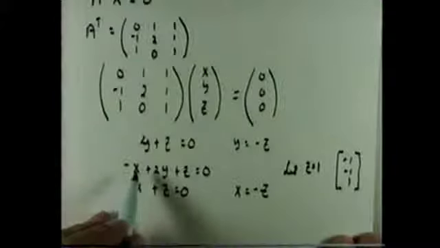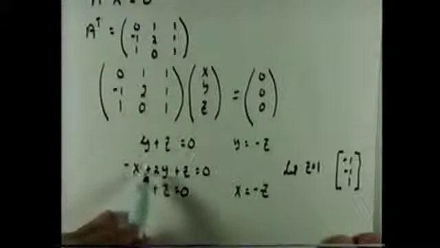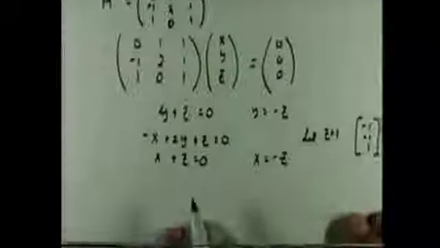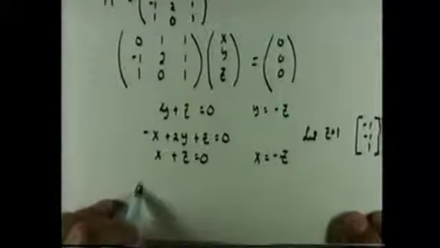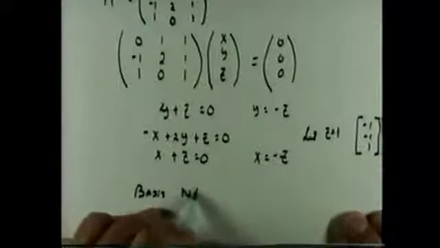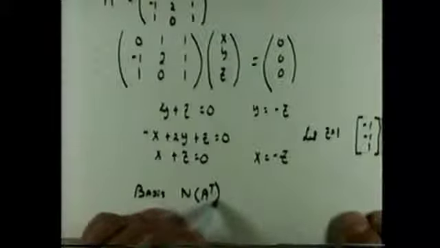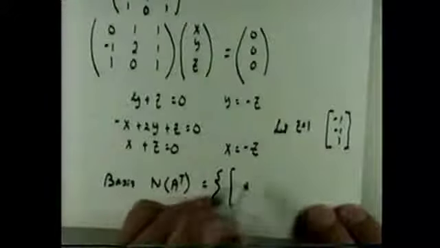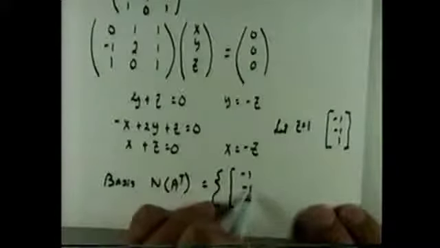The opposite of negative 1 is 1, so that would be 1 minus 2 plus 1 equals 0, so we see that it works. So a basis for the null space of the transpose of A is going to be the set consisting of the vector negative 1, negative 1, 1.